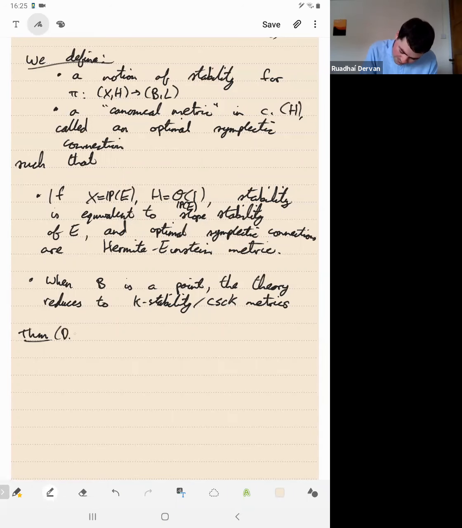So the theorem, again, the whole setup and all of the results are joint work with Lars Sektnan.